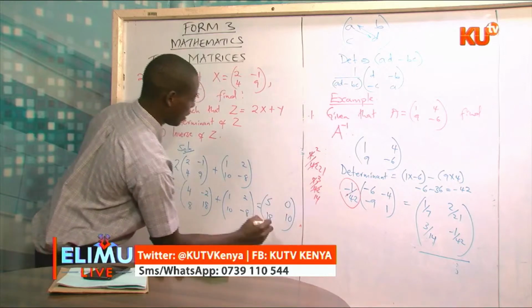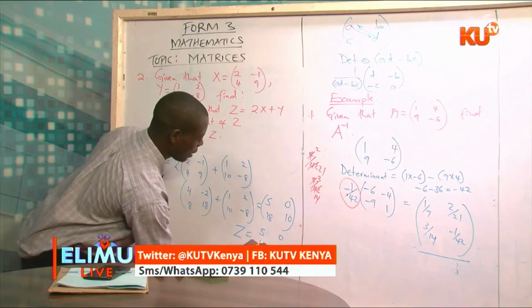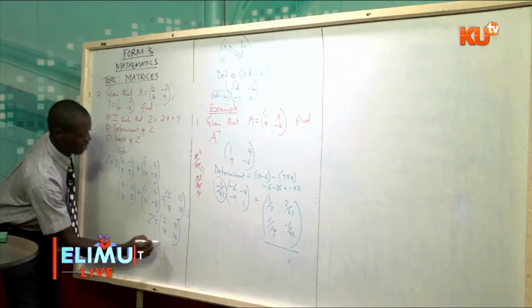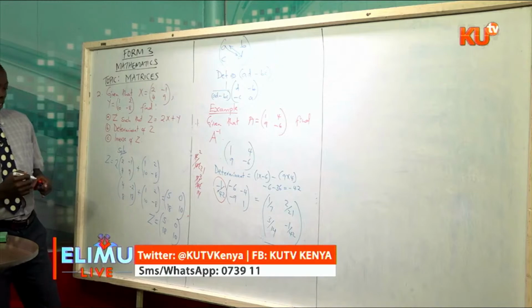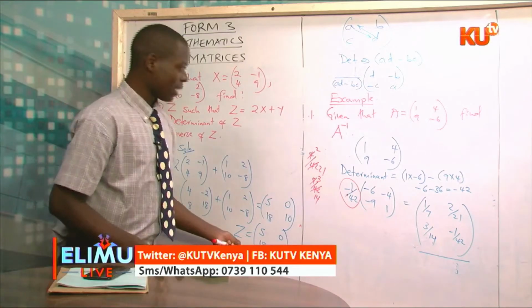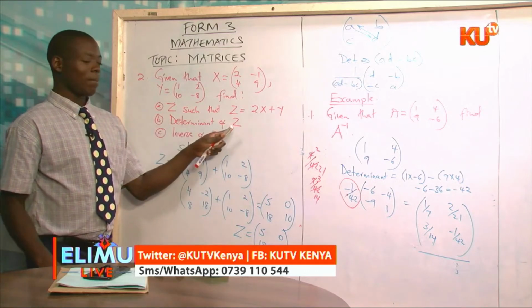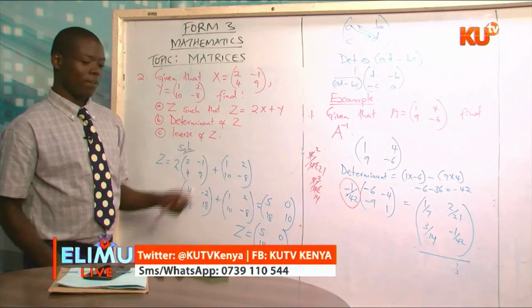That is our matrix Z. Therefore, in the question, anywhere they are mentioning matrix Z, the matrix Z is 5, 0, 18, 10. So we need to use this matrix Z to work out part B, where the instructions are to get the determinant of Z, and part C, the inverse of Z.